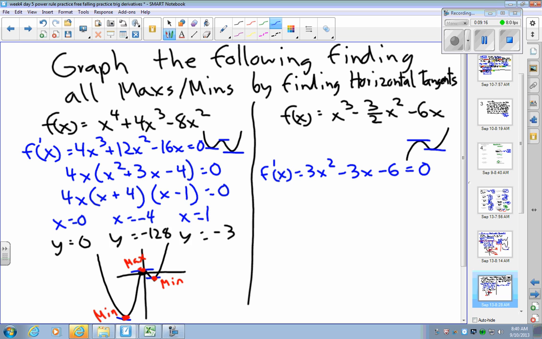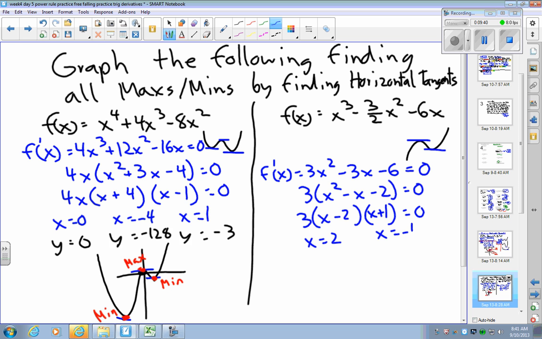Notice that the 2 that fell from x squared just canceled with the 2 on the bottom. I'm going to pull out a 3, and hopefully Mr. Bach made it factorable again for me. And he did. This is minus 2, this is plus 1, so I have x equals 2, x equals negative 1.